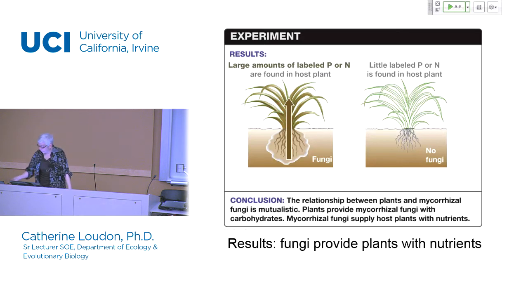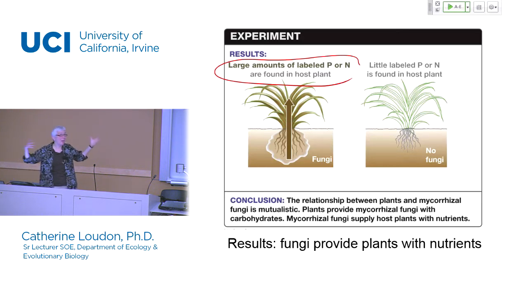And after an appropriate amount of time, here are the results. And one can see that, yes, in fact, large amounts of labeled phosphorus and nitrogen-containing compounds are in fact found in the host plant when you separate it from the fungi. Now, maybe it's just pulling them directly out of the soil and the fungus is not involved.